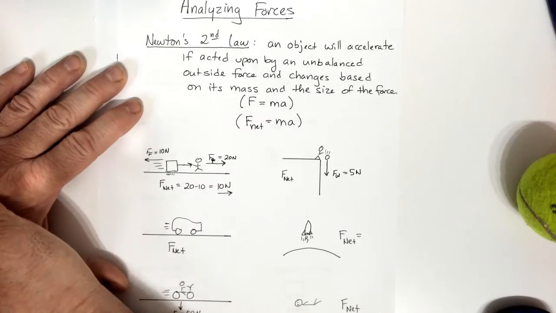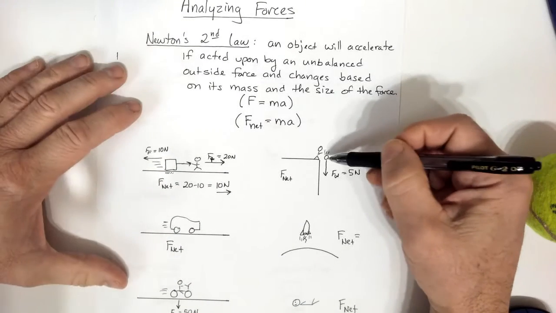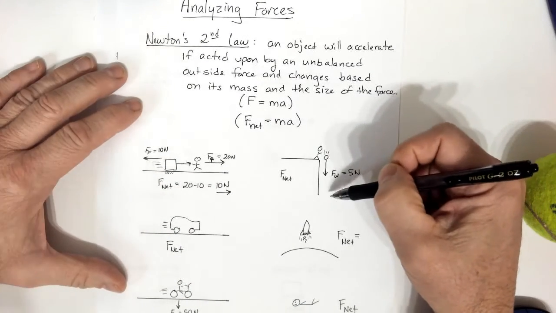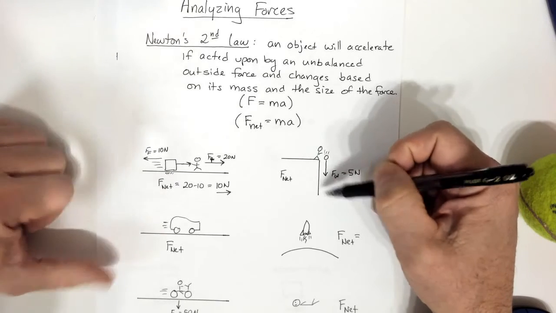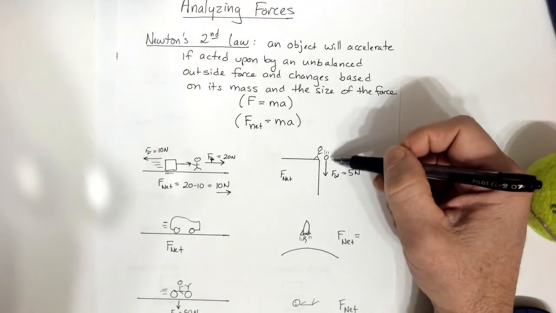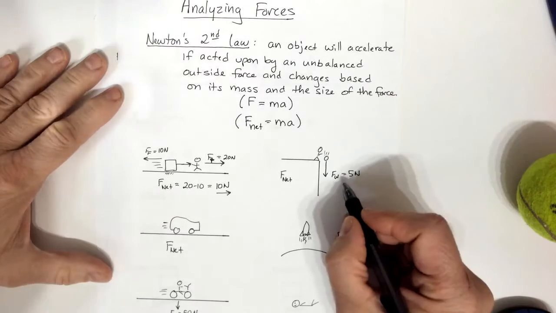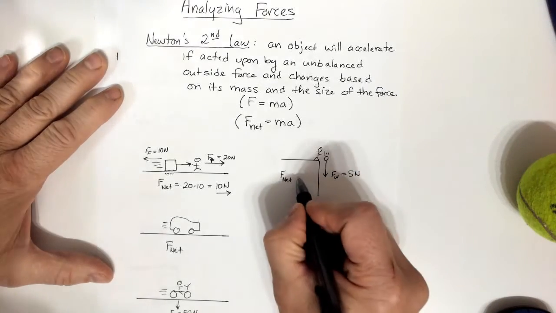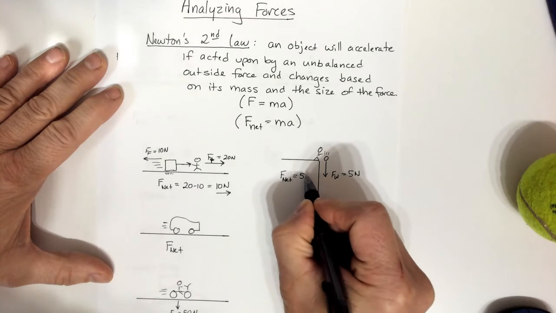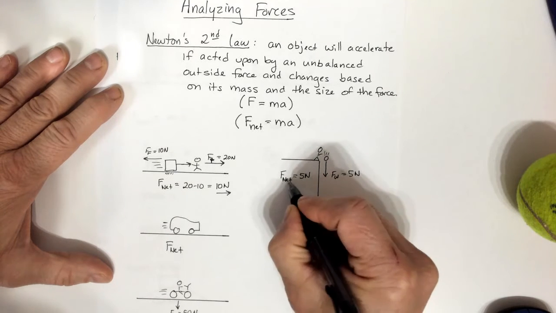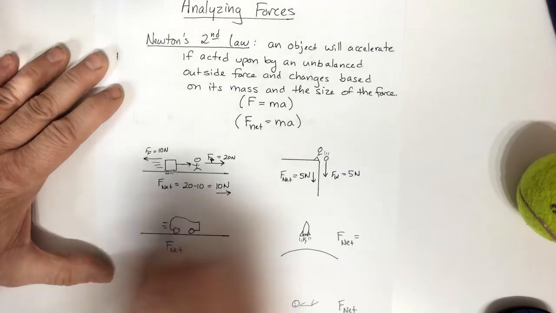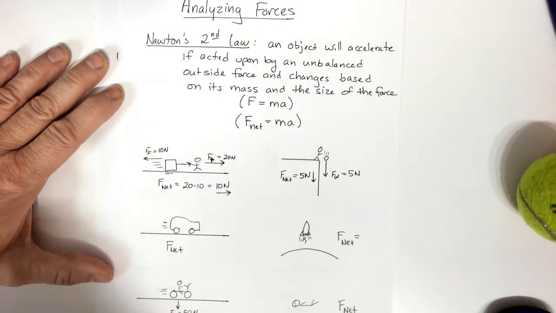If there are no other forces, if it's round and just dropping a little ways off this building, it doesn't get enough momentum to get any kind of air drag. Basically that's the only force. So the net force is just going to be 5 newtons, and the net direction would be downward, because there's only one force.